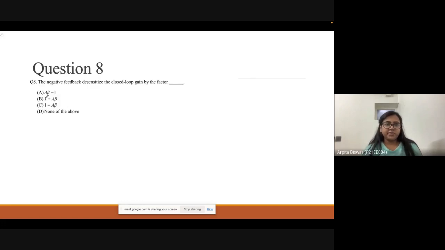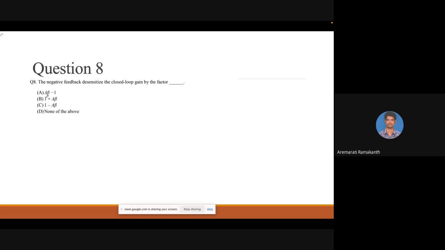So the negative feedback desensitizes the closed loop gain by the factor of dash. So the first option is 1 plus A beta. Yes.